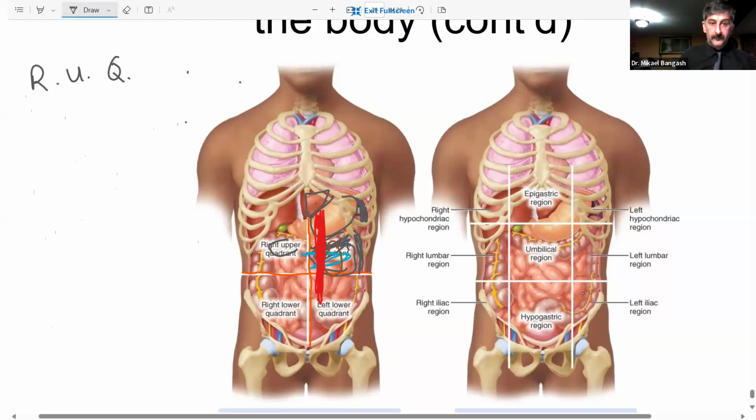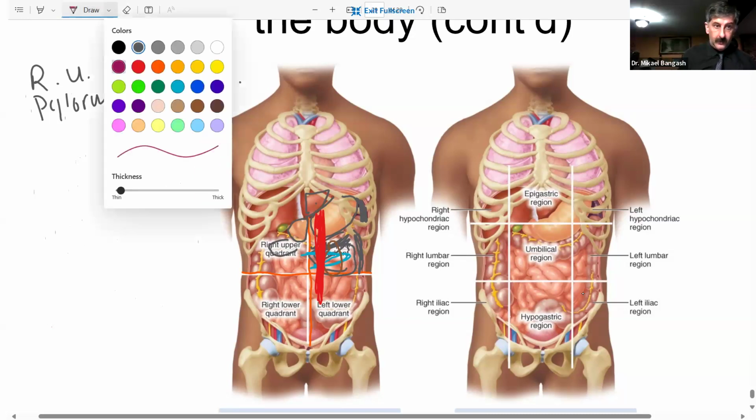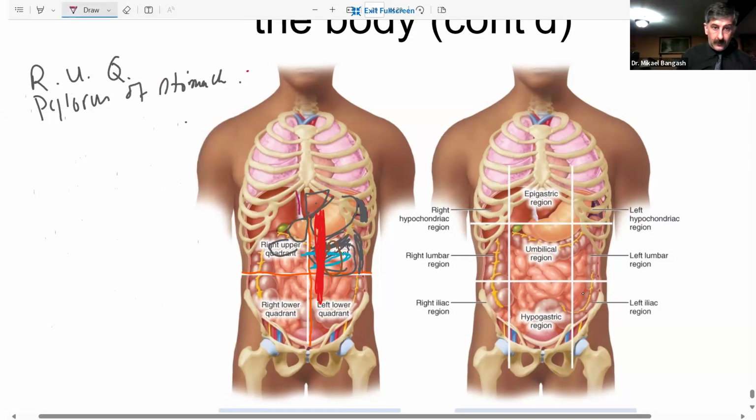Now, first and foremost, we have the remaining part of the stomach. Or let's just put it this way, this is going to be the pylorus of the stomach. Another organ that we find in the upper right quadrant is the right lobe of the liver.